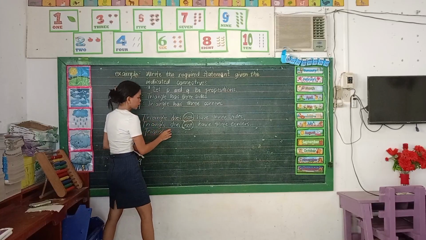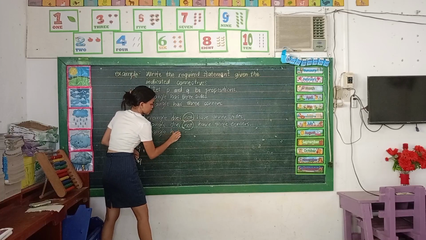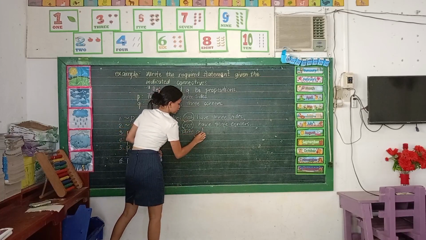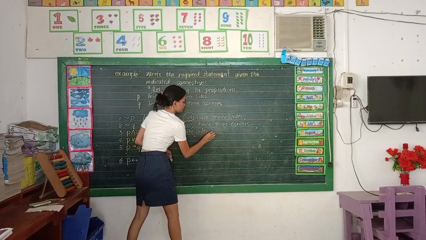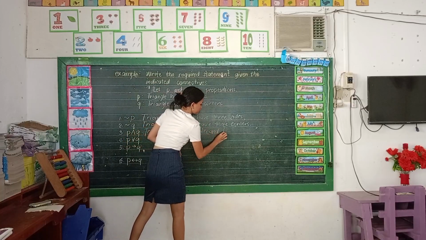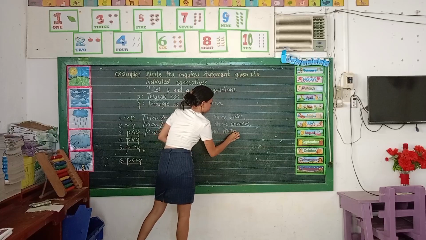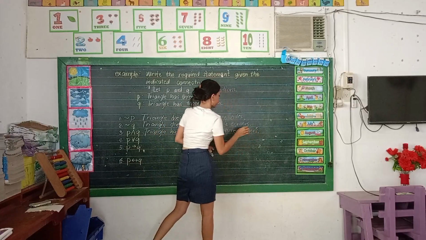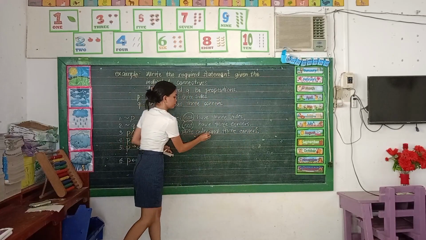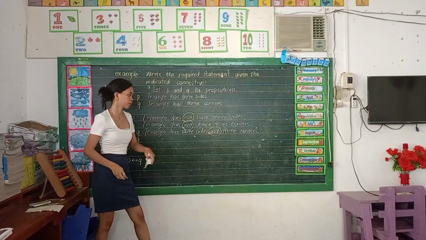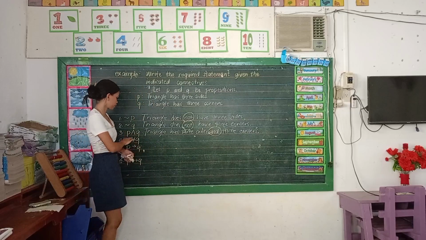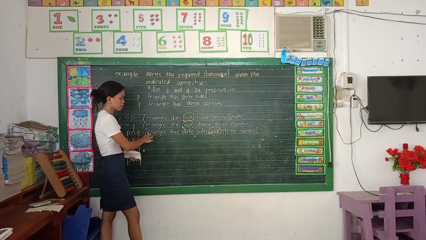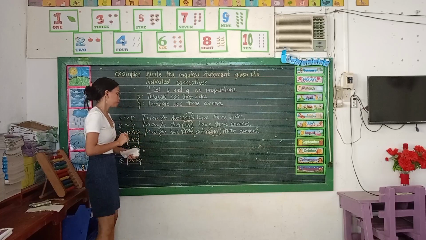So it becomes: the triangle has three sides and three corners. And is our connective word in conjunction. We can avoid repeating the term triangle because it is redundant.